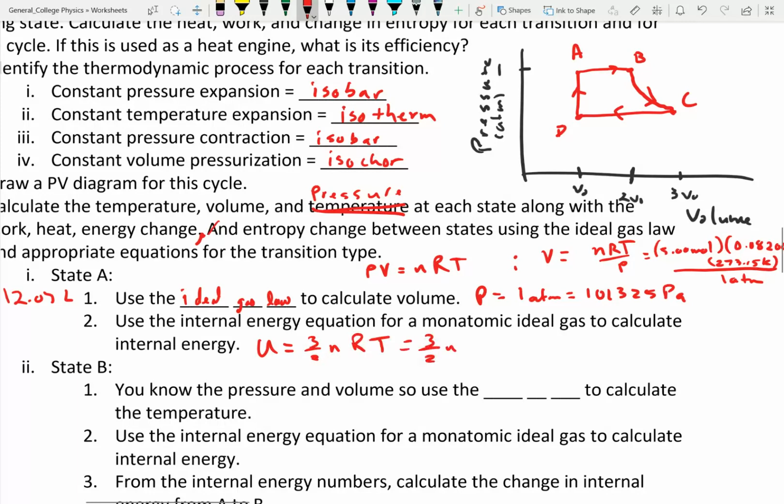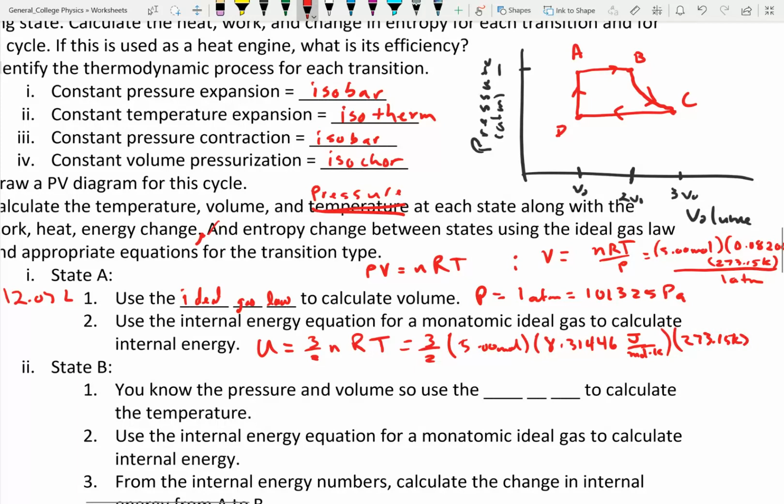For this one, I want to get my answer in joules, and I have my temperature in kelvins, so I am simply going to use the standard R of 8.31446 joules per mole kelvin, and then times the temperature of 273.15 kelvins.